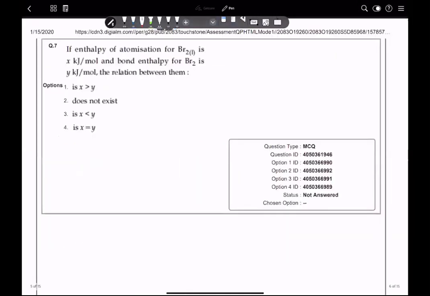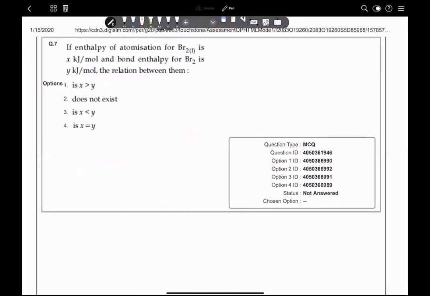Question number 7 is: given the enthalpy of atomization of Br2 is x kilojoule per mole and the bond enthalpy of Br2 is y kilojoule, what is the relationship between them? Enthalpy of atomization of Br2 liquid means we first convert Br2 liquid into Br2 gaseous form, and then Br2 gaseous form will break into its atoms. So Br2 liquid first converts to Br2 gas, and then Br2 gas breaks into 2 Br atoms.